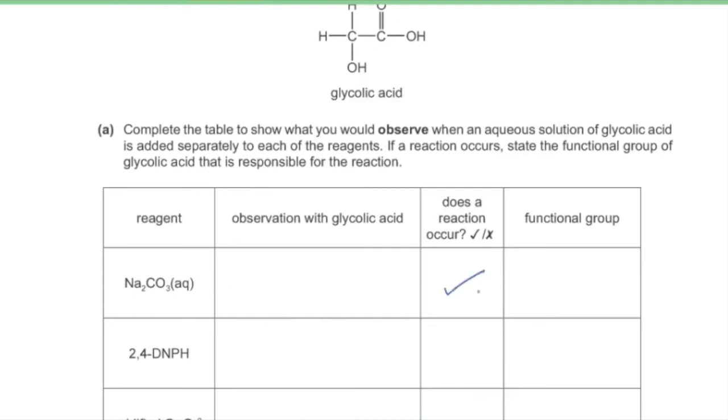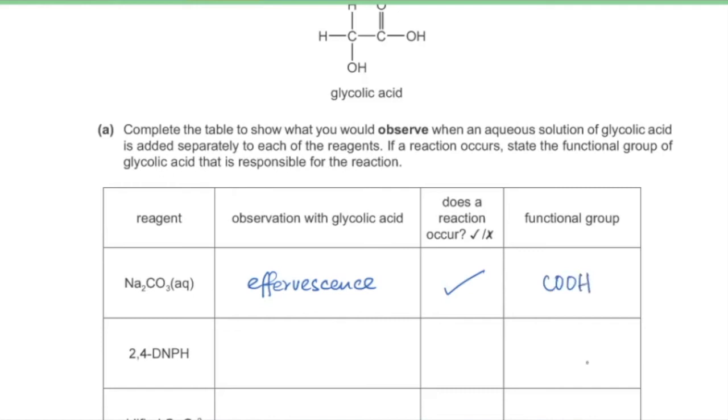So we will have a reaction occurring over here. The observation with glycolic acid would be that effervescence will be seen, because when an acid group reacts with a metal carbonate, carbon dioxide is evolved, and the functional group responsible for this reaction of glycolic acid is the COOH group.